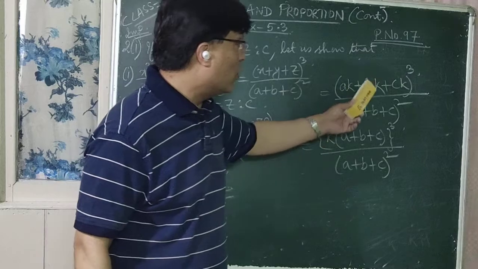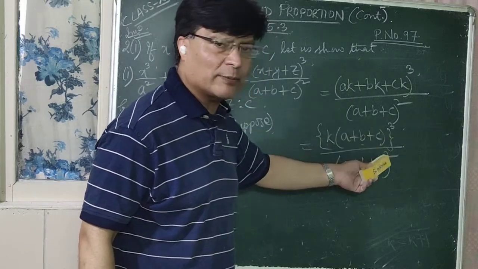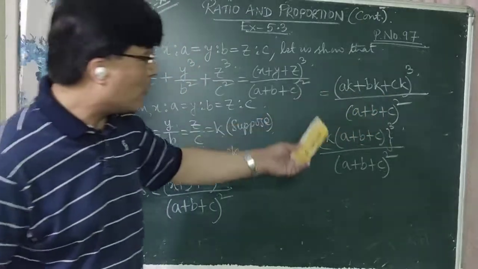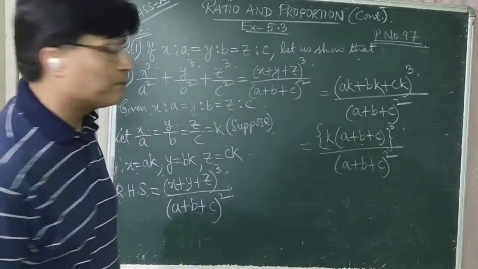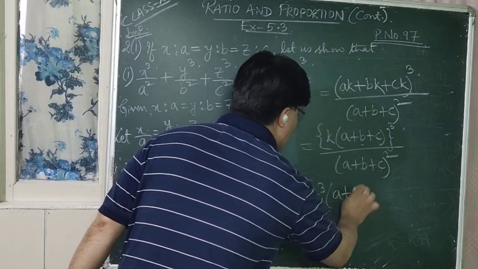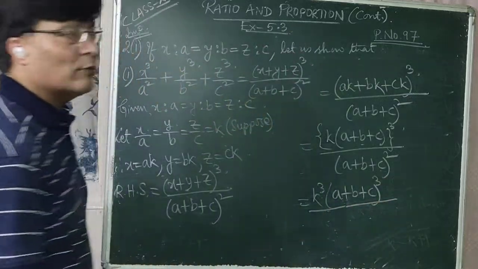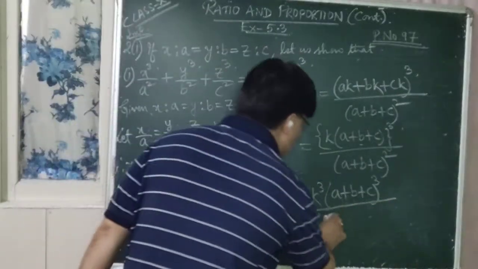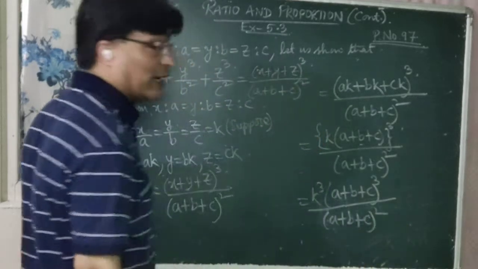Now here within the whole cube, K is taken common, K into (A plus B plus C), first bracket close, second bracket close, whole cube. Now this power 3 is for both K as well as A plus B plus C. So you can write K cube into (A plus B plus C) whole cube, whole divided by (A plus B plus C) whole square in the denominator.